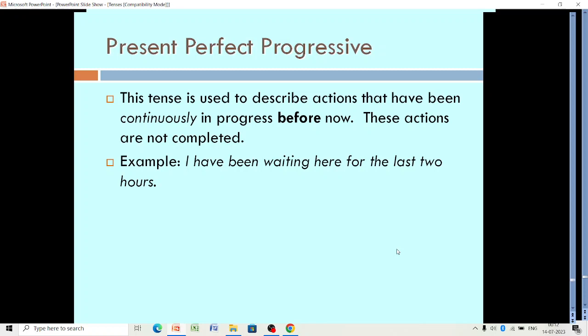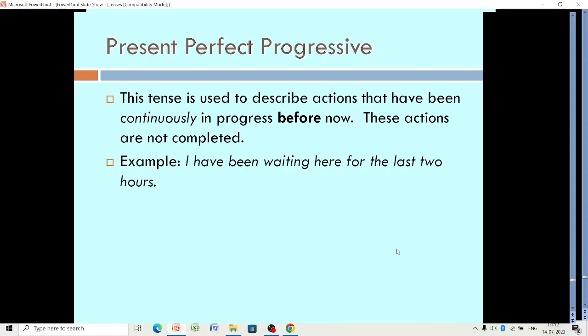So here I can add one more thing. I have been waiting here since 3 o'clock. You can say that. So since means an exact time. For means a period of time. It is mainly used in present perfect continuous and in present perfect tense.